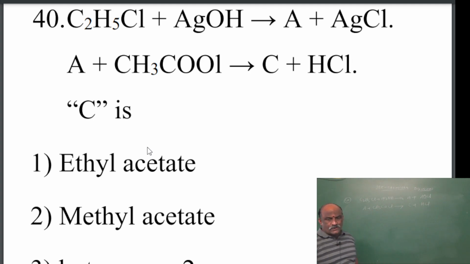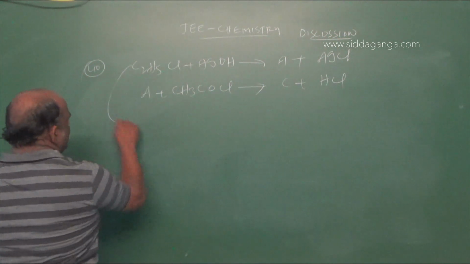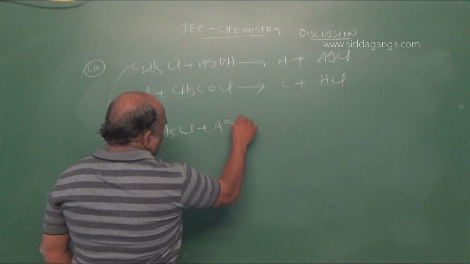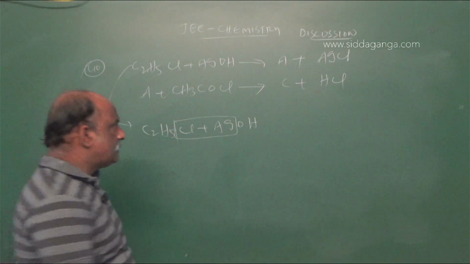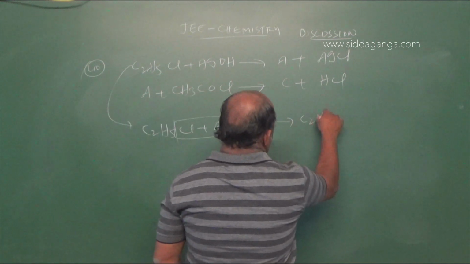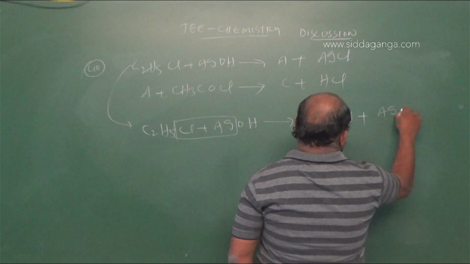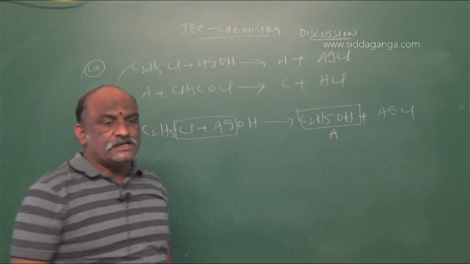So they ask what is C? First reaction: C2H5Cl plus AgOH, remove this part. Then what is the answer? We get alcohol, C2H5OH plus AgCl. This is A.